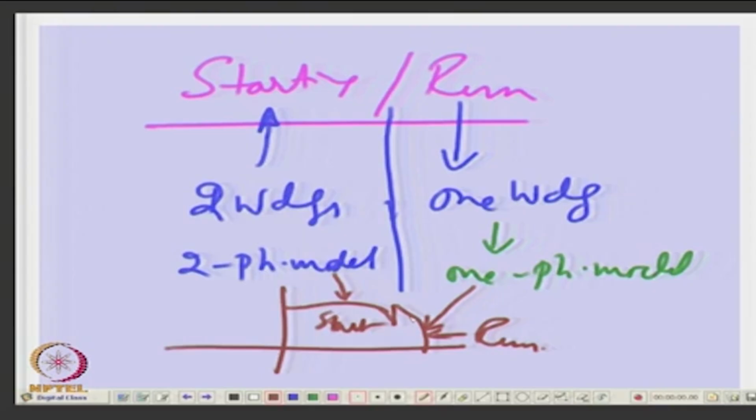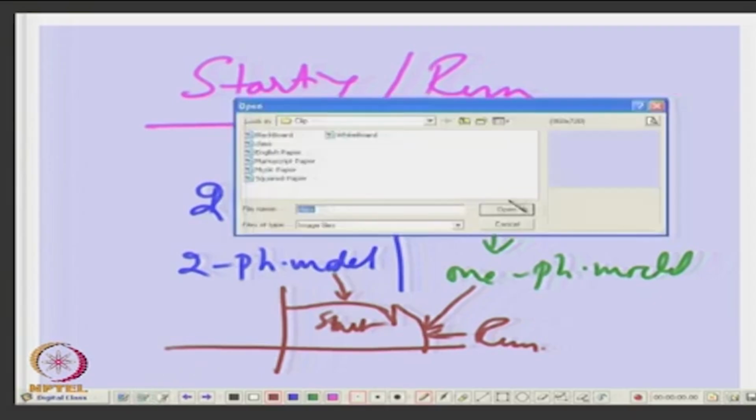and that will happen in a split phase machine or a capacitor machine, and in capacitor you can have 2 capacitors, or you can have a single capacitor. So, what are the options?